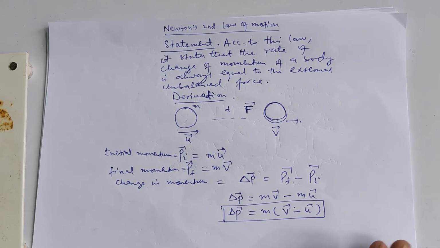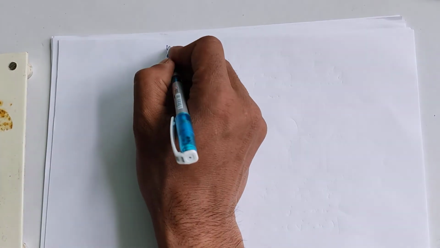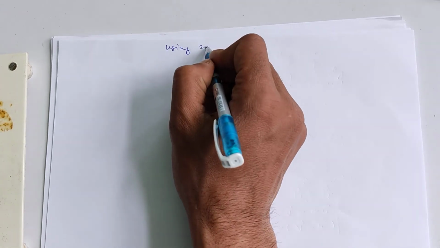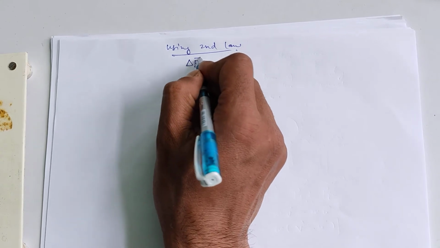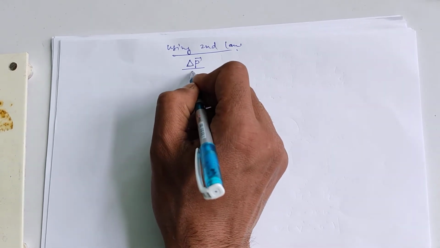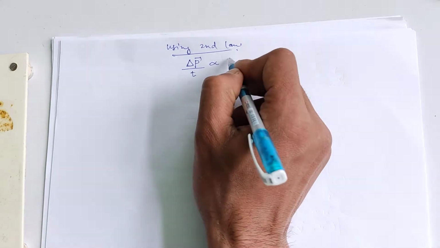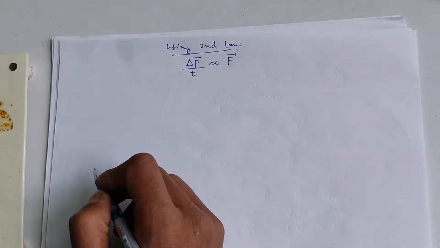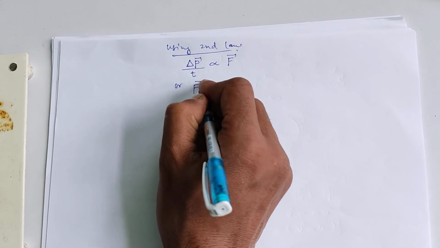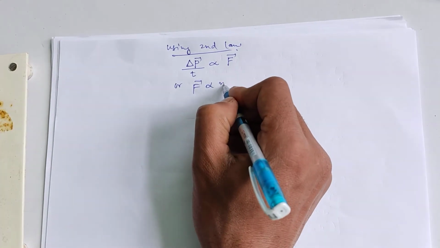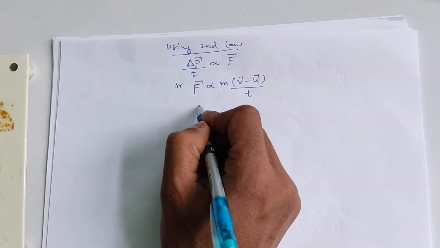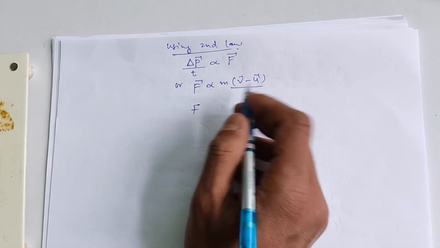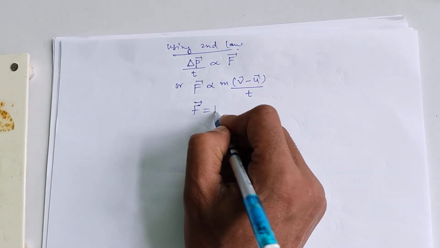Now using the second law, which states that the rate at which the momentum changes with time is proportional to the external force acting on this object, we can say F is proportional to del p, which is m(v minus u) divided by t.